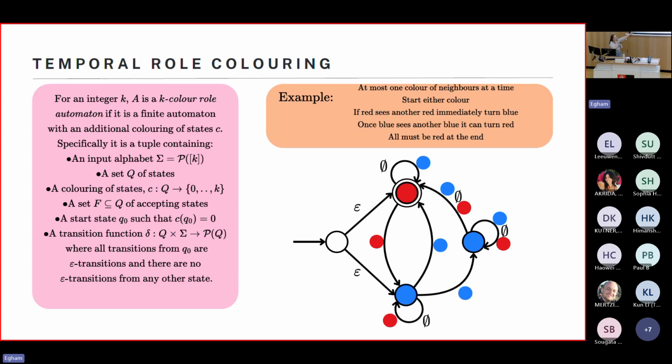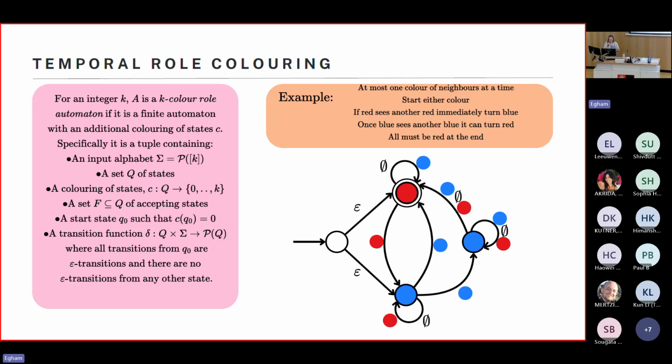If you're red and you see another red, this down arrow means you immediately turn from red to blue. If you're blue and you see another blue, you can turn straight back to red, or you can move into this other blue state, which is our blue-but-has-seen-blue state. And from then you can stay there as long as you want and then move into red.